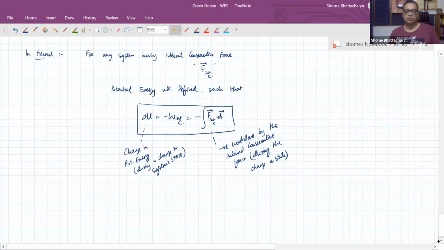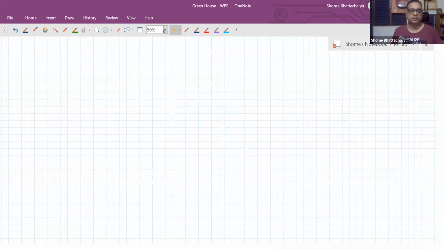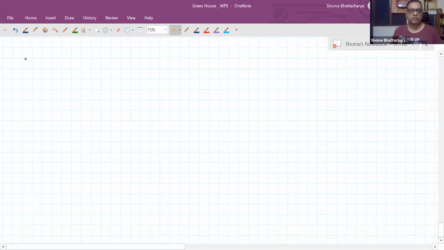Okay. Now, common examples of potential energy. Let's look at them. So, obviously, the most common are the ones we've already seen: the spring potential energy and gravitational potential energy.